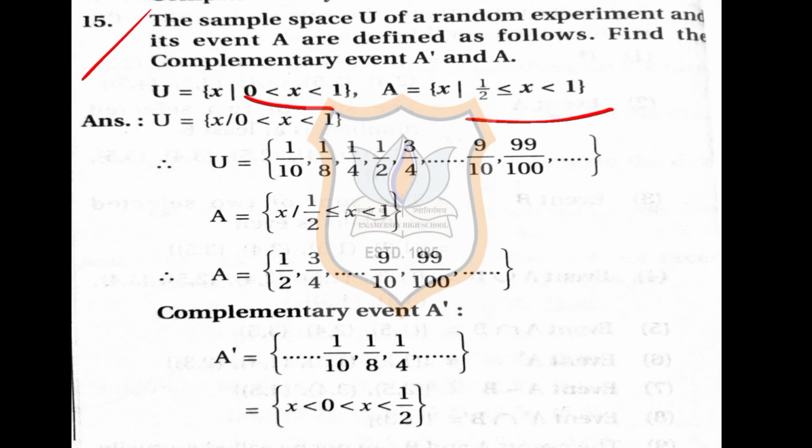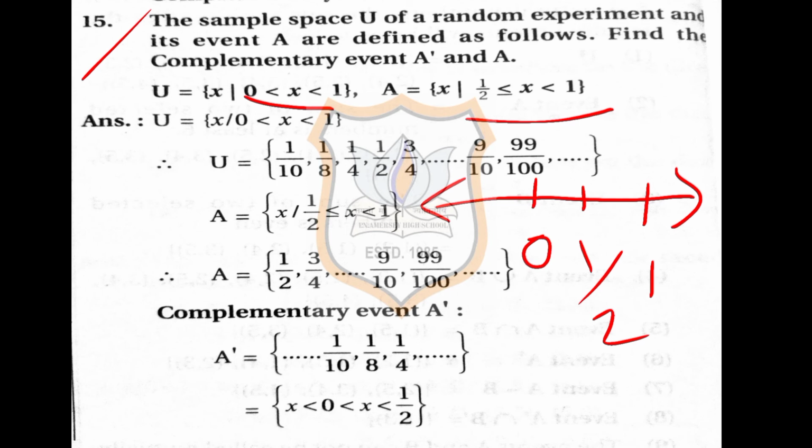So in a simple way, we can take it like this: if this is 0, and this is 1 on the number line, half will be over here, right?